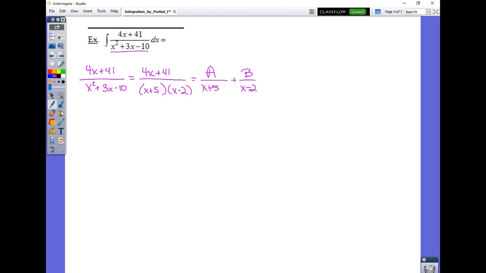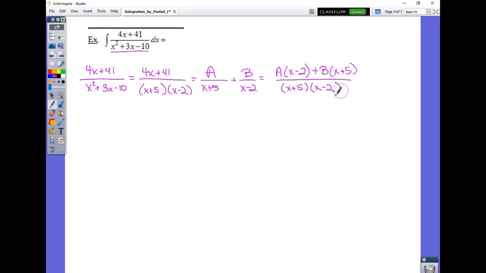Now, as a quick review for partial fractions, and I'm not going to ever expect you to show this upcoming step, the idea is that if I simplify this down, I could rewrite it as A times x minus 2 plus B times x plus 5 over x plus 5 times x minus 2.